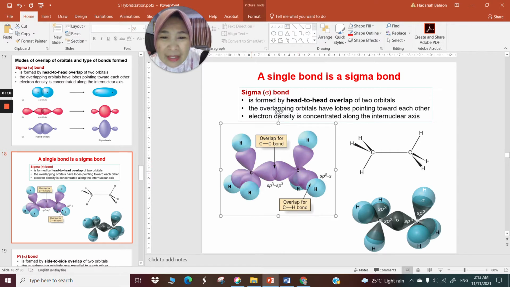And this carbon has one lobe at the top, which is overlapping with the atomic orbital of the hydrogen. Again, lobes pointing to each other. So this carbon to hydrogen is also a sigma bond. Similarly, carbon to that hydrogen, another sigma bond, and another sigma bond to that.